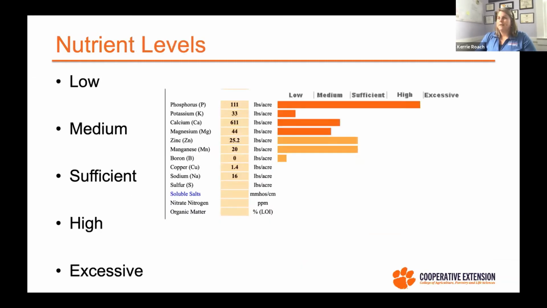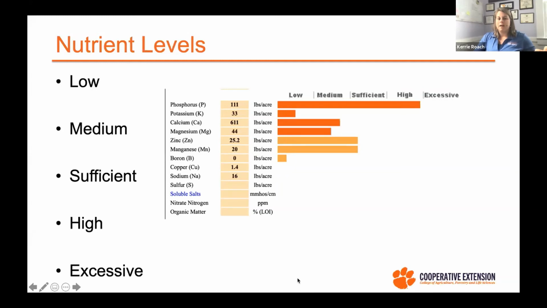But let's keep going. So knowing those nutrient levels in the soil, you've figured out your pH, you've figured out why the buffer pH is important. And then we move down to those nutrient levels and knowing where they are at.